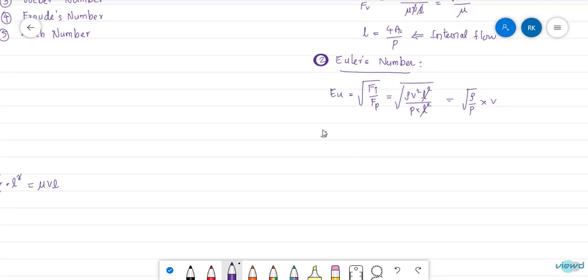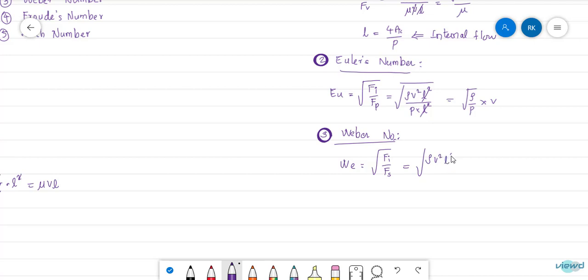Next, Weber number. What is Weber number? Inertia force by surface tension force. What is inertia force?